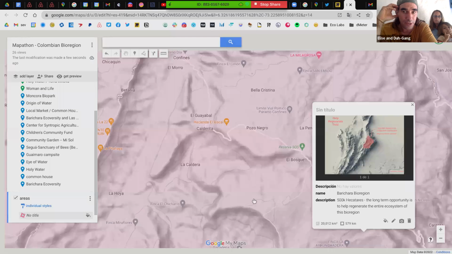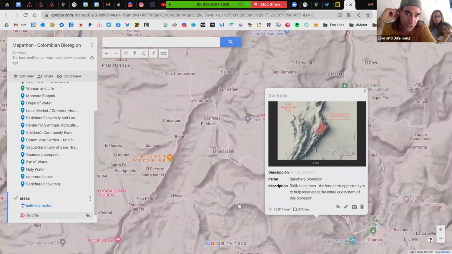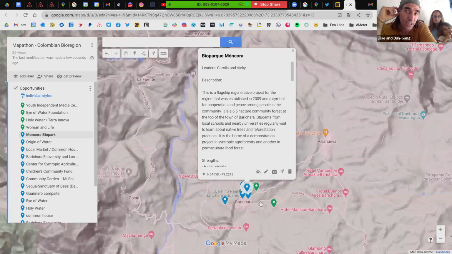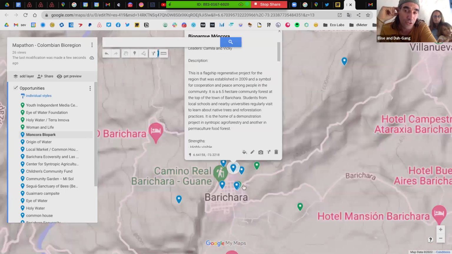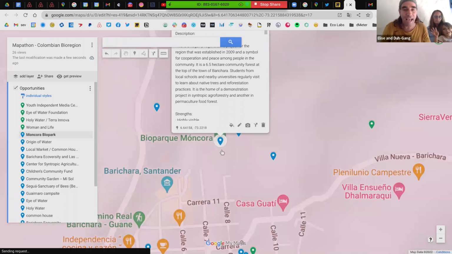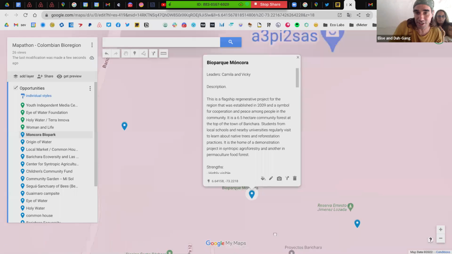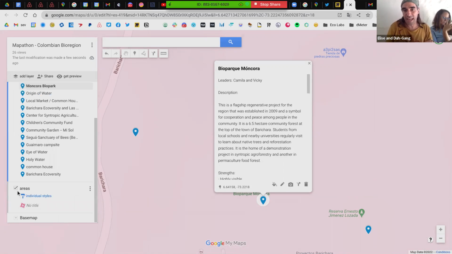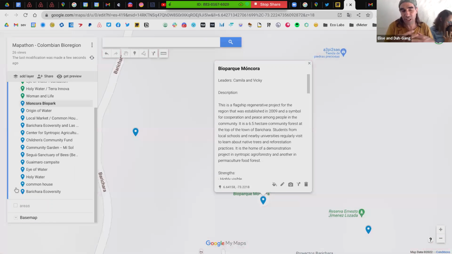For example, the Bioparque Moncora that we're going to talk about first is also the home of a demonstration field site for the Learning Center in Syntropic Agroforestry, which is another one of the projects that we'll talk about today. And that Center for Syntropic Agroforestry has another field site in a different part of the territory. So we'll end up with these kinds of partial overlap of geography and of theme and of action, and also of personnel, of people doing the work.